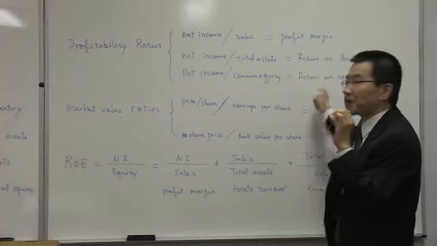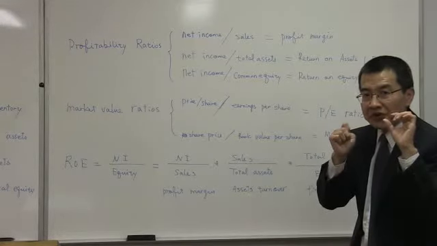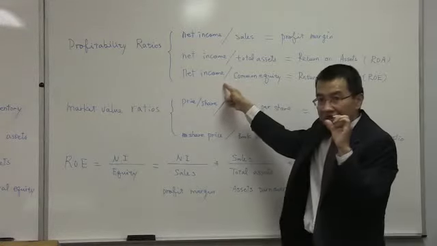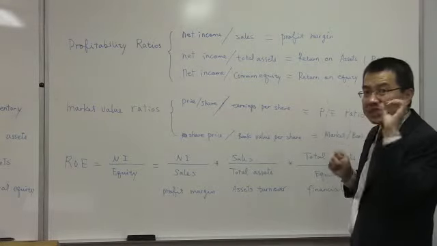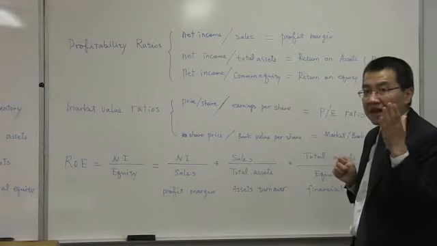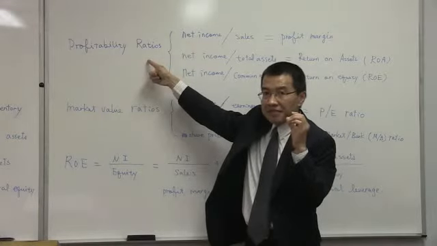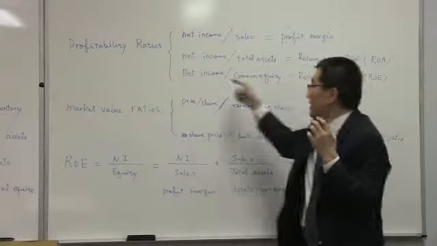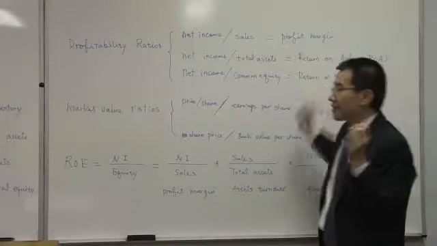So this one tells you, for every dollar of investment from the shareholders, what return they are getting. Most of the time, return on equity is the most important financial ratio for the shareholders to pay attention to. So this category tells you the profitability of the company. Later we'll talk more about the return on equity.